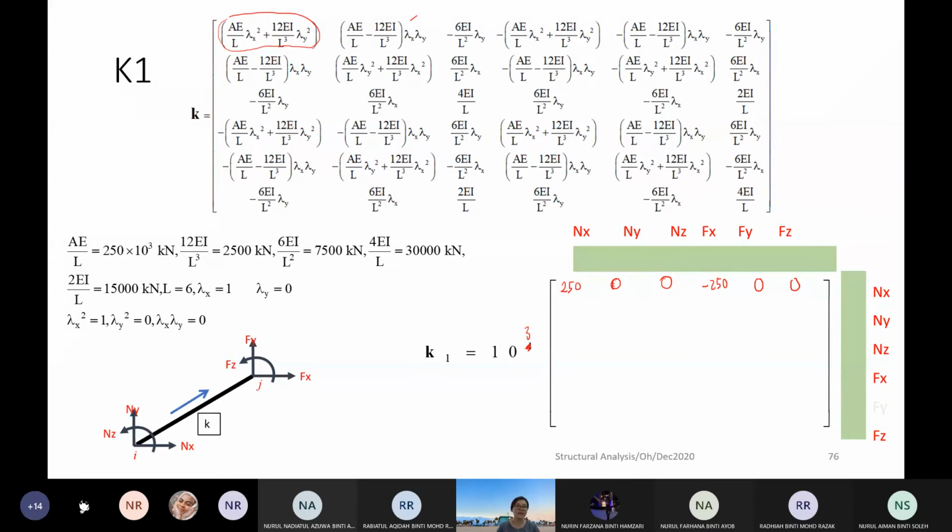So we can move to the second. This one is easier, right? Whenever it is with lambda x, lambda y, then we can put it 0. Okay, then 0.25. Again 0.25. Can you recheck again?